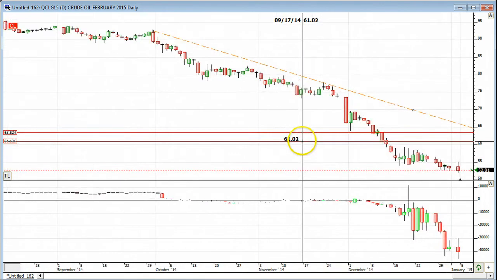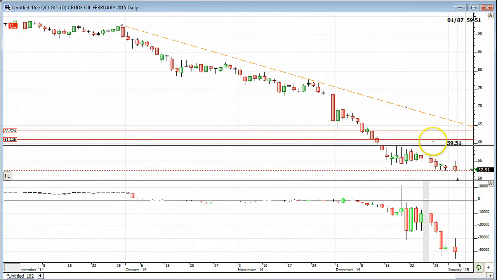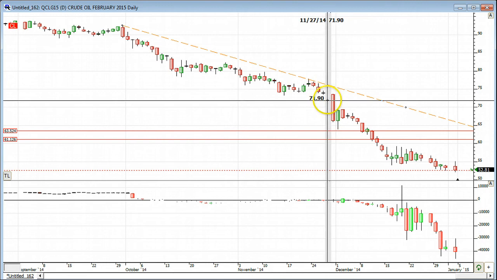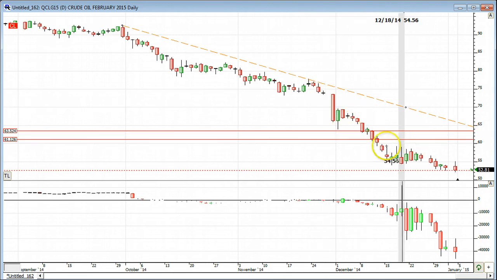However, if we look at the events that are taking place here, we can see that the big red candles, long and powerful, which were all signs of outflow of money from this market, are now shrinking.